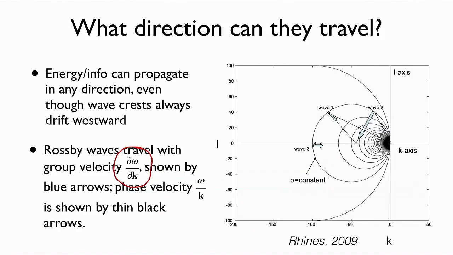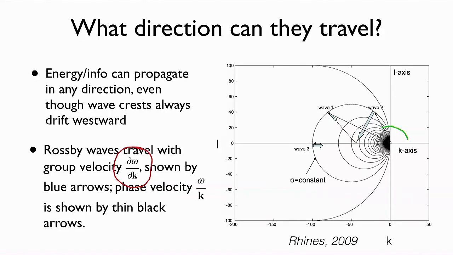But there's a simpler way of keeping track of it, which I like better, and that is if you draw it on a plane the way it is here on the right, you can take your vector for the phase velocity, and that's in black. So here's a few examples, three examples, and it will turn out that the group velocity makes twice the angle with east as the phase velocity.